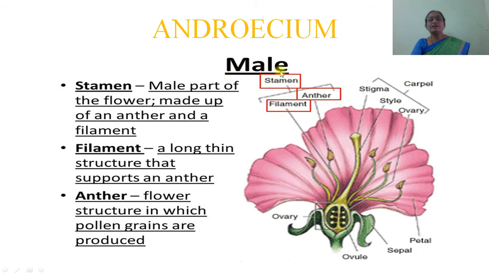The male reproductive organ is called androecium, which is made up of stamens. The stamen is the male part of the flower made up of an anther and a filament. The filament is a long thin structure that supports an anther, and anther is a flower structure in which pollen grains are produced.